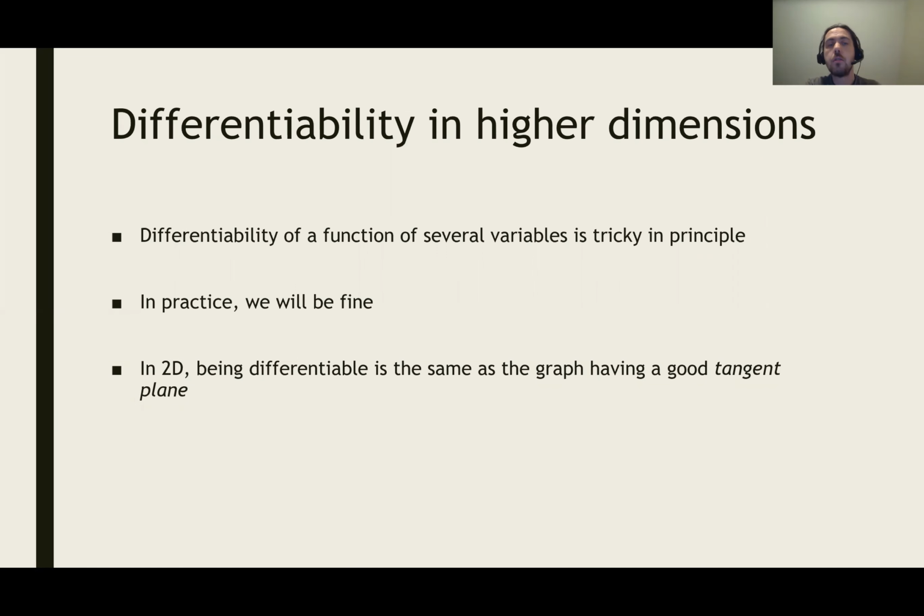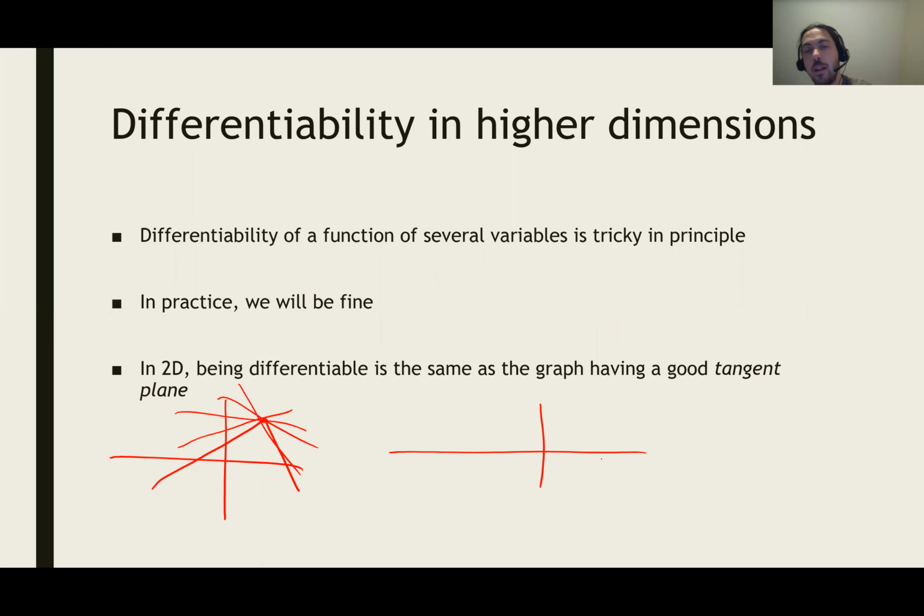In two dimensions, being differentiable is the same as the graph of the function having a good tangent plane, in the same way as in one dimension, it's the same as having a good tangent line. For example, if we have a function in 1D that's not differentiable, then there's no really good tangent line that we can draw next to it that'll match up with the slopes for both the possible directions of approach.